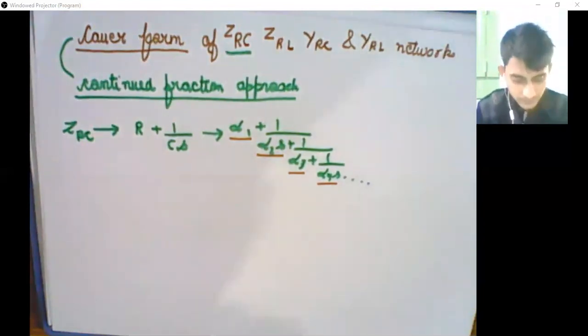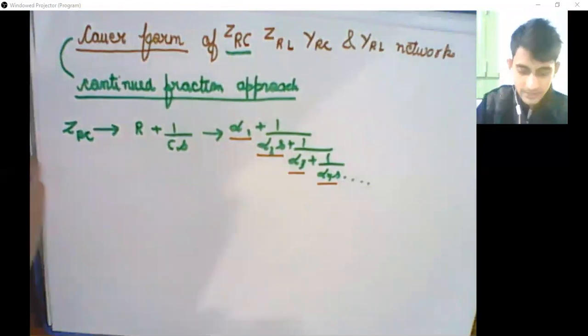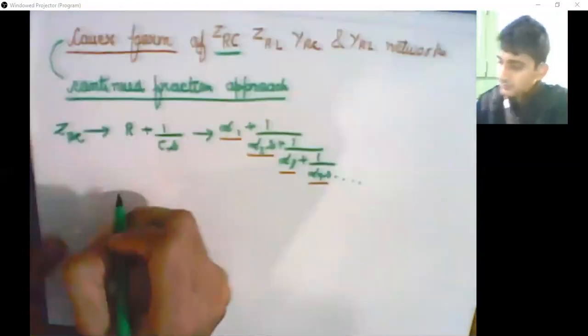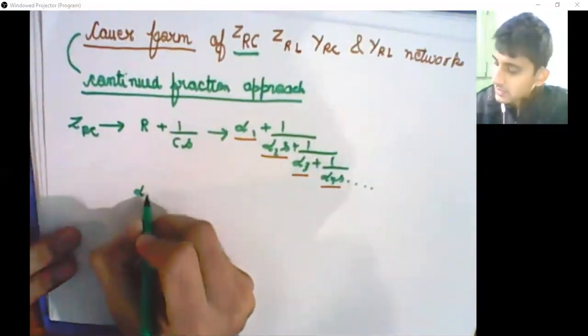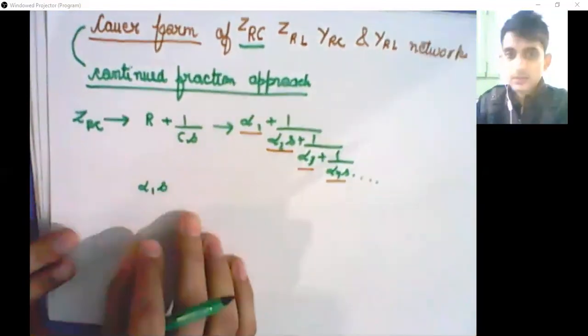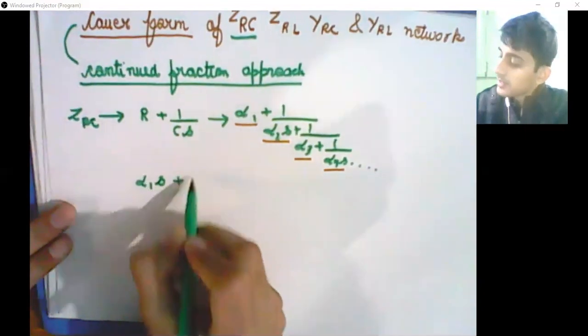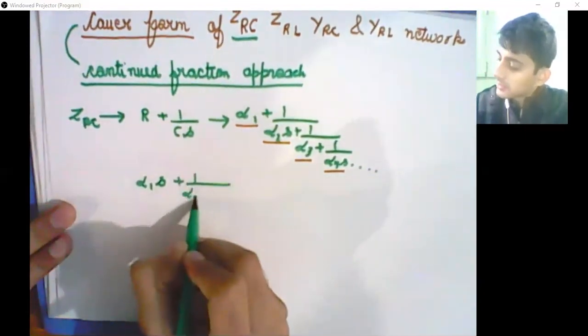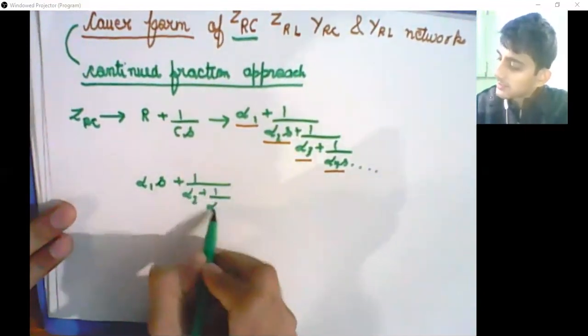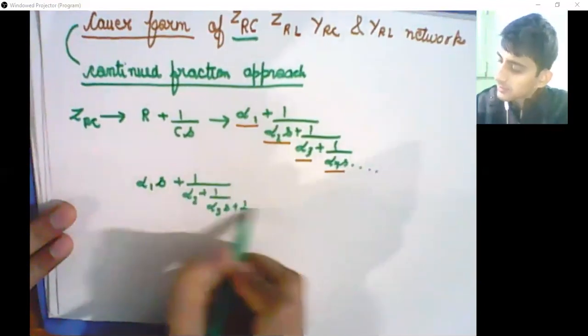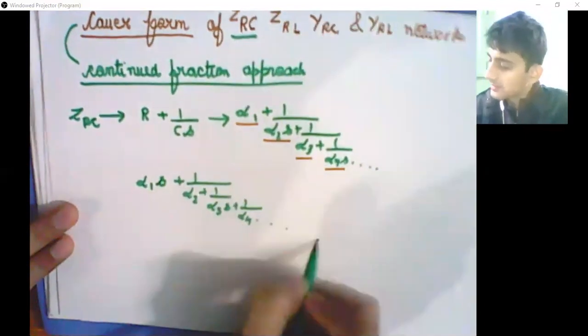Or you can have it like this: alpha 1 into S plus 1 upon alpha 2 plus 1 upon alpha 3 into S plus 1 upon alpha 4, and like this.